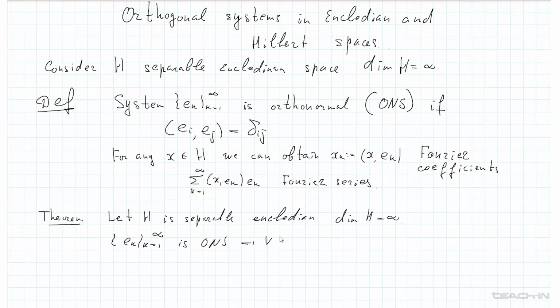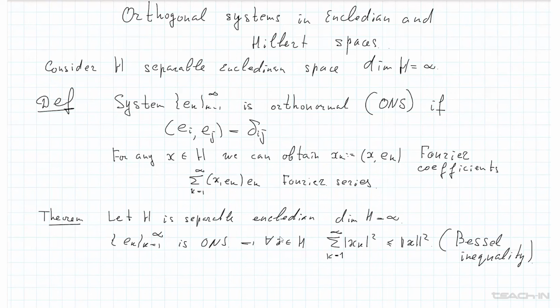Then for any x from H, the sum of squares of Fourier coefficients is less than or equal to the square of the norm, the Euclidean norm. So it is the Bessel inequality.